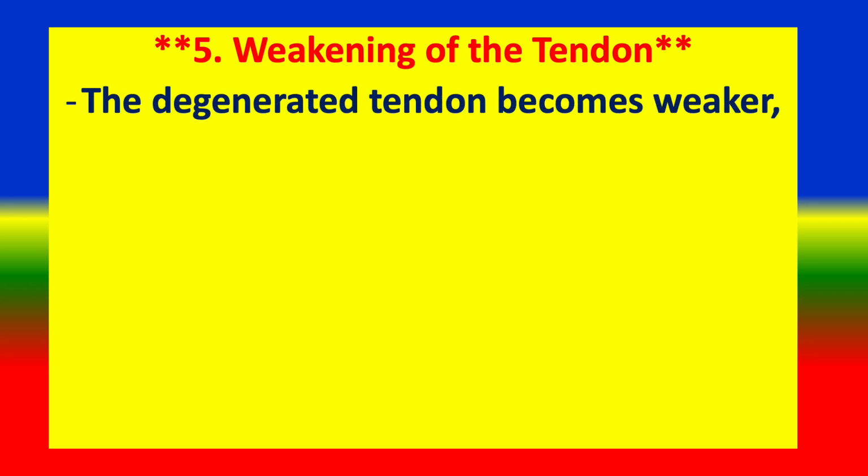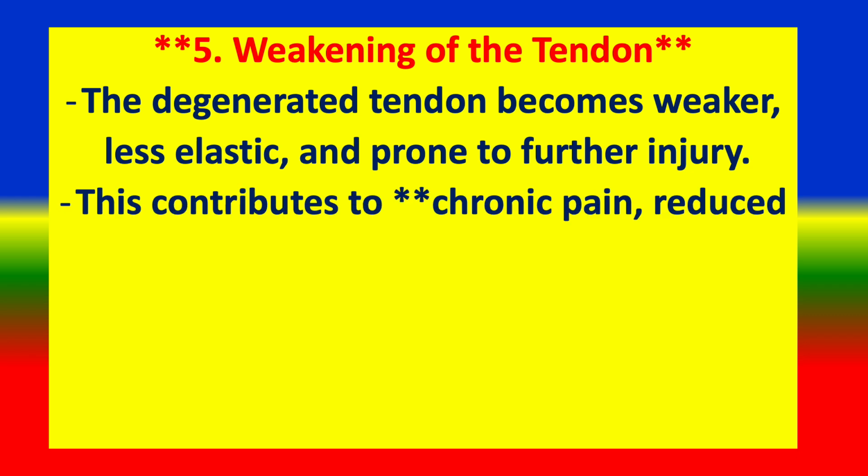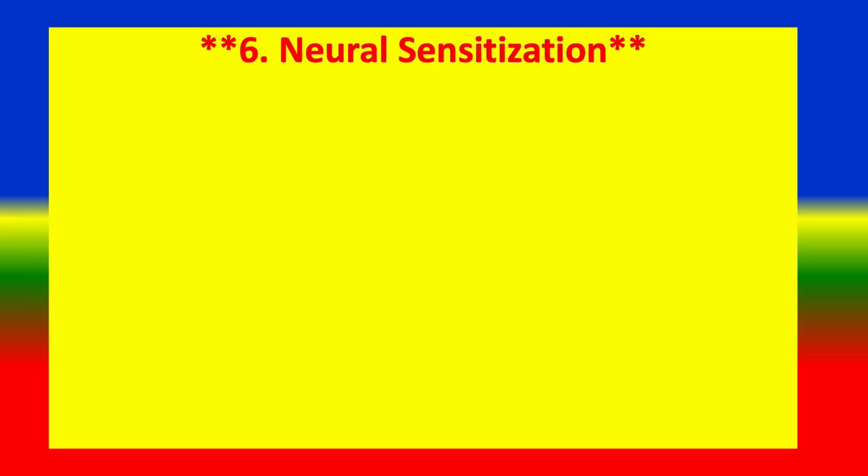5. Weakening of the tendon: the degenerated tendon becomes weaker, less elastic, and prone to further injury. This contributes to chronic pain, reduced range of motion, and loss of grip strength. 6.